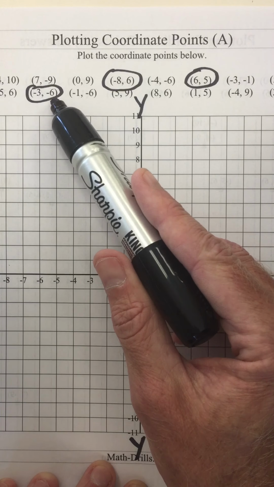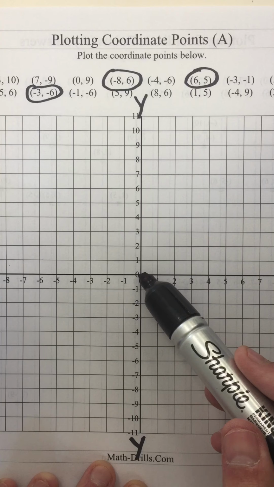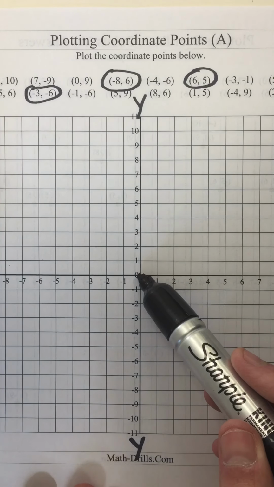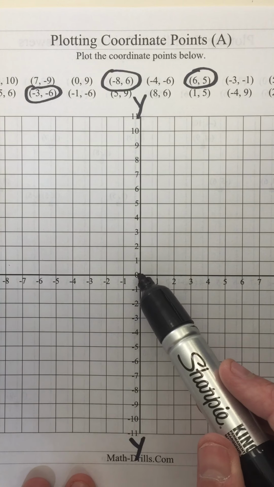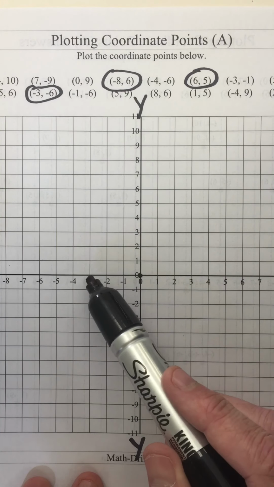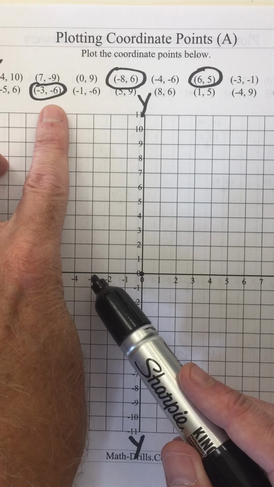So in order to graph or plot these, we need to start with our marker or pencil right at 0, 0. The first number is -3. The first number tells us which way, left or right. So -3 means we go 1, 2, 3 to the left, and we look at the second number.